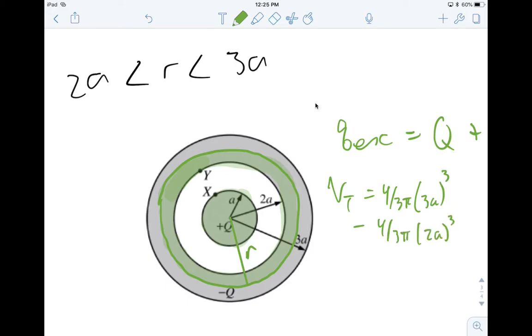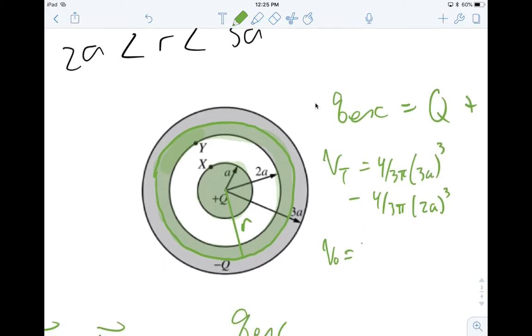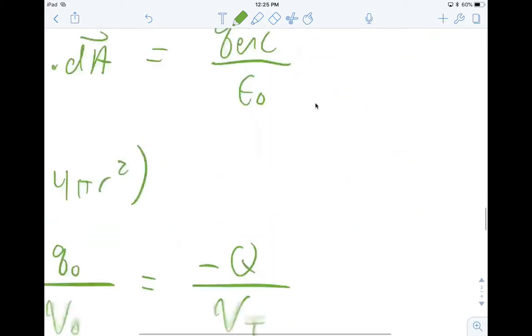And the volume outer, that highlighted piece, is the volume of a sphere of radius r minus the volume of a sphere of radius 2a: 4/3 pi r cubed minus 4/3 pi times 2a cubed. Let's put all of that together.